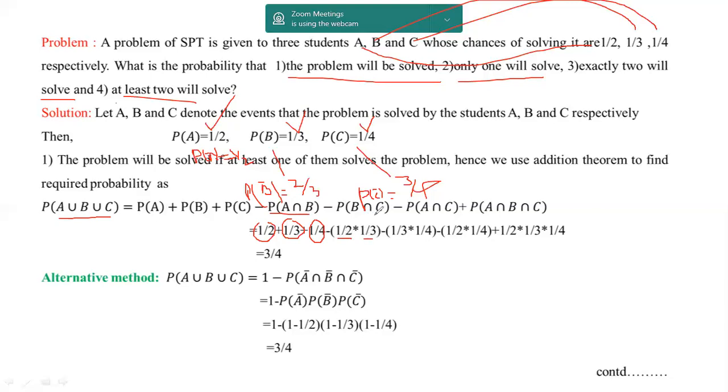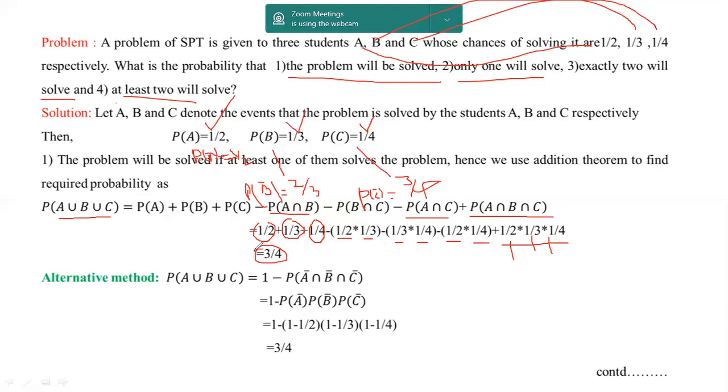Similarly, probability of B intersection C is equal to probability of B into probability of C, where probability of B is 1 by 3 and probability of C is 1 by 4, minus probability of A intersection C. Using the multiplication law, probability of A intersection C is probability of A into probability of C, plus probability of A intersection B intersection C, which is probability of A into probability of B into probability of C. After simplification, we get the answer 3 by 4.